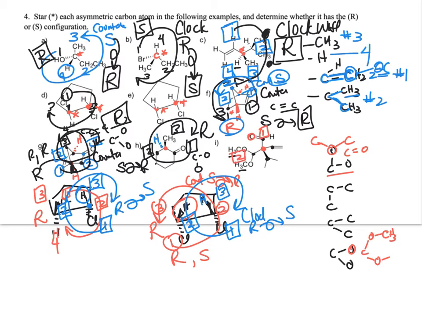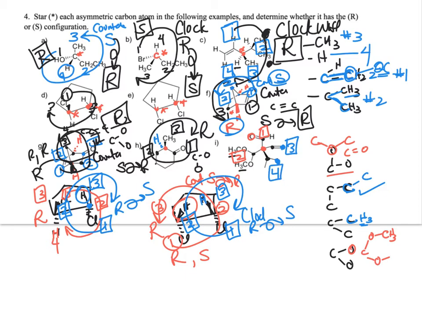And then between these two, the double bond would win because then you go out to the next carbon, which would be this carbon, made it in blue, and this carbon is bonded to a CH3. And this carbon would technically be bonded to another carbon because it's doubly bonded back. So this would make this a higher priority, and that would make that 3, and that would make that 4.